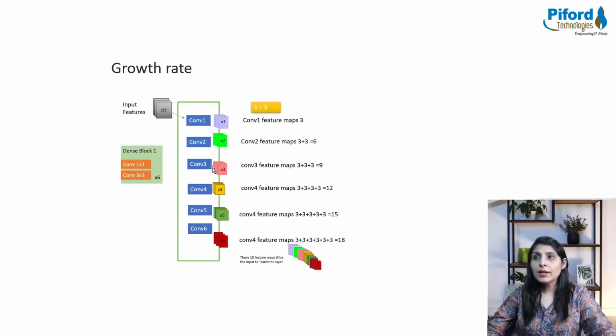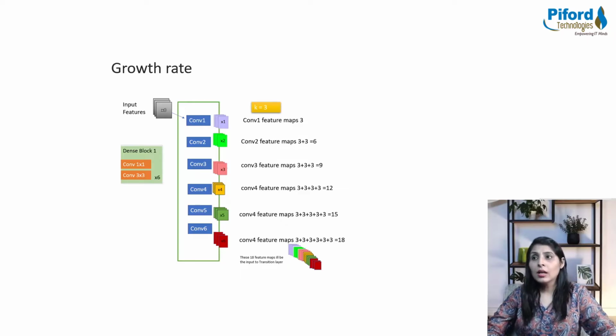Now convolutional layer 3 will add 3 feature maps. So 6 feature maps from here, and we are adding 3 feature maps by convolutional layer 3. So now we have 9 feature maps. Now convolutional layer 4 will add 3 feature maps to these 9 feature maps, right? So what is happening is every convolutional layer is only adding 3 feature maps to the existing feature maps.